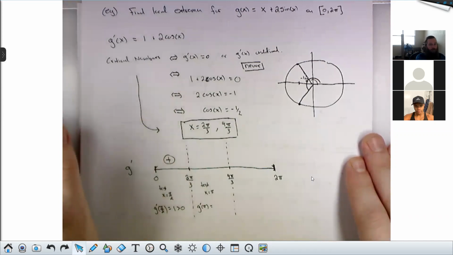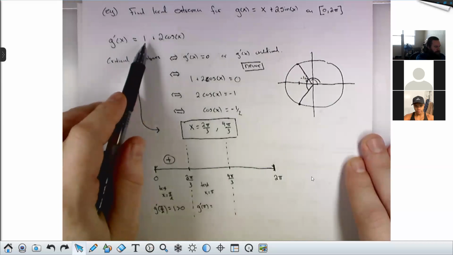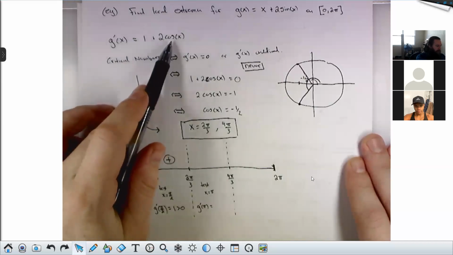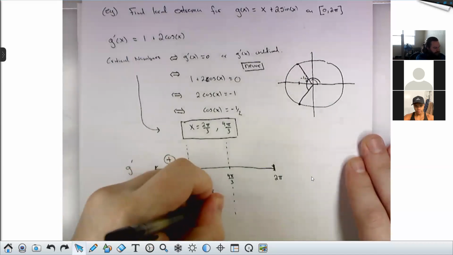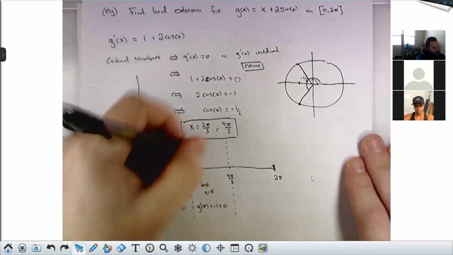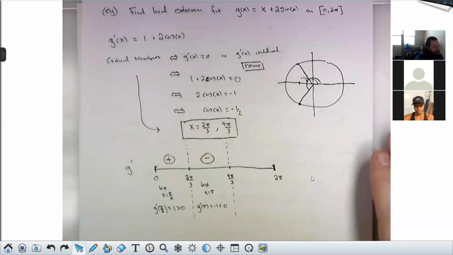Negative 1. Good, thank you, Julio. So G primed of pi is 1 plus 2 times negative 1. 2 times negative 1 is negative 2. 1 plus negative 2 is negative 1. So this is negative 1, which is less than 0. So G primed is negative between 2 pi over 3 and 4 pi over 3.